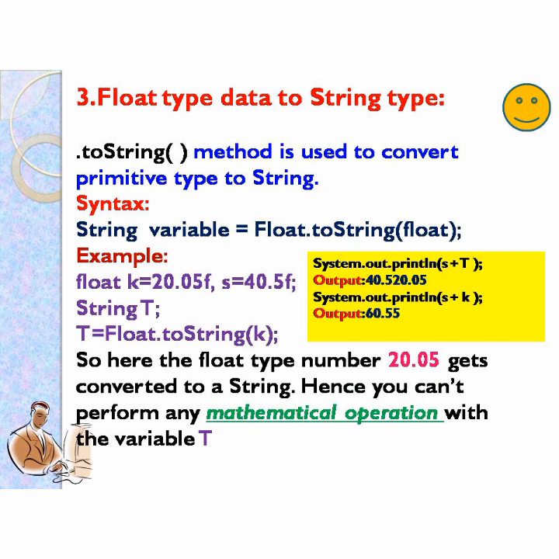Hence you can't perform any mathematical operation with the variable t. Look at the example. System.out.println(s + t). So here s is float and t is string. So you will get the answer by concatenation, that is 40.520.05. Look at the second example. System.out.println(s + k). So here both are float, so you will get the answer 60.55.